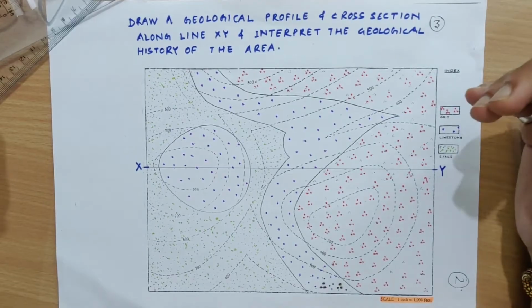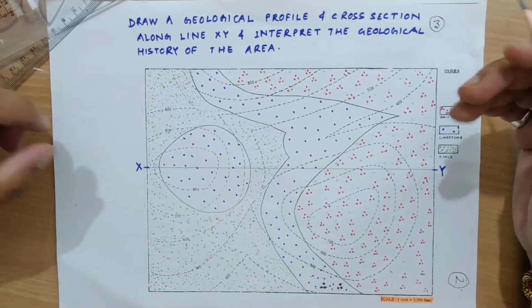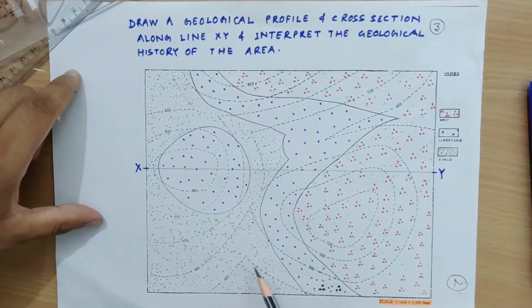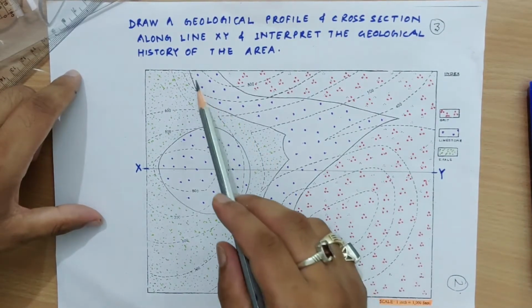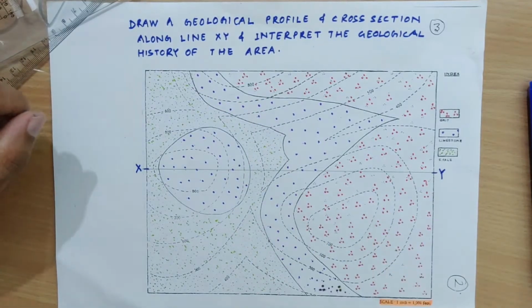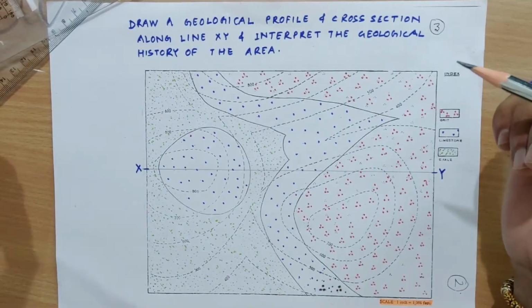As we can see, the contour values are ranging from 400 feet up to 800 feet. So we can easily interpret the relief of this particular area.